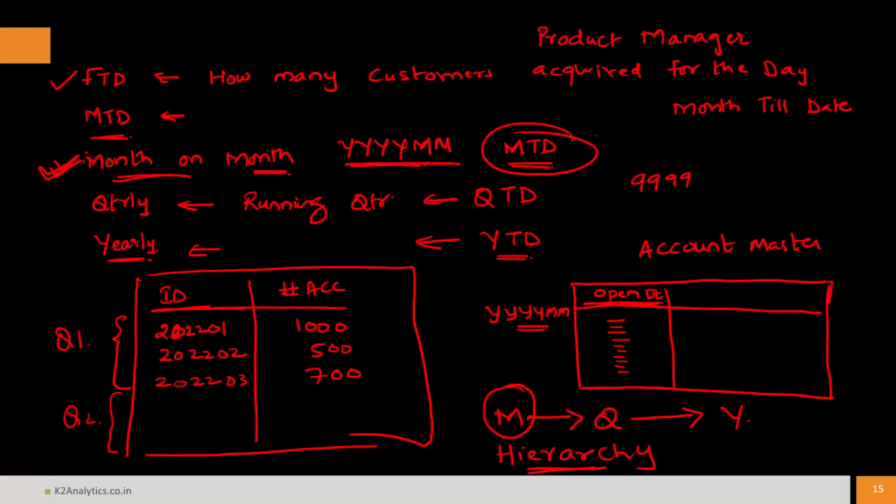Now the only challenge which is left is for the day. There is a special ask that, hey, I should also have a report which gives me for the day information. Now, for the day information, you cannot make it 2022-01 something.